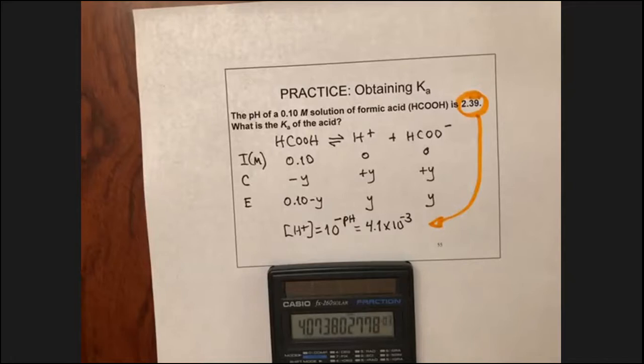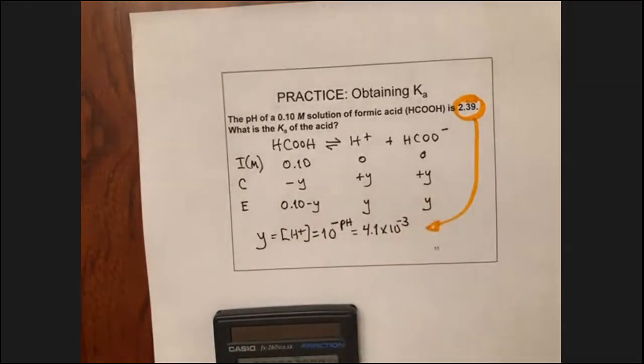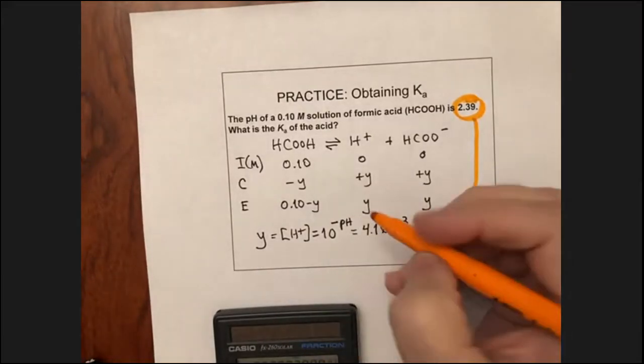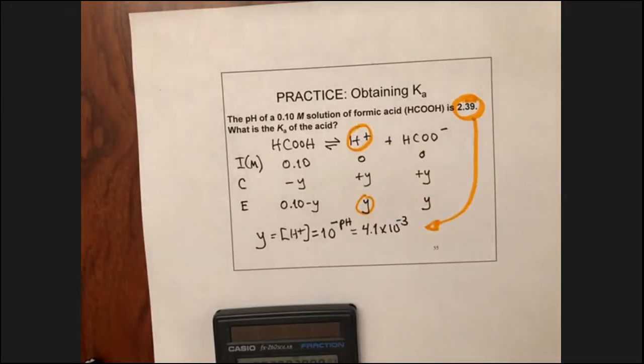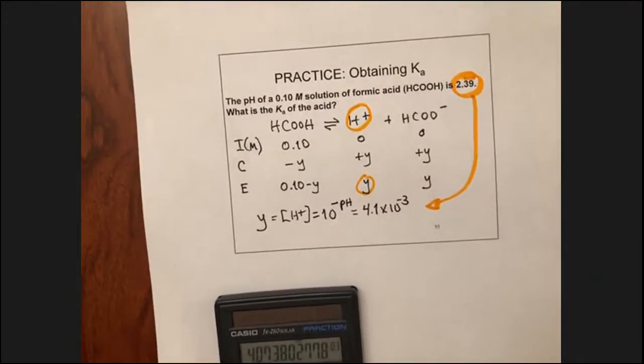And guess what? That is exactly the value of Y. In other words, Y is essentially the molarity of hydrogen ions, and we get that from the pH. So now we want to find the value of Ka.